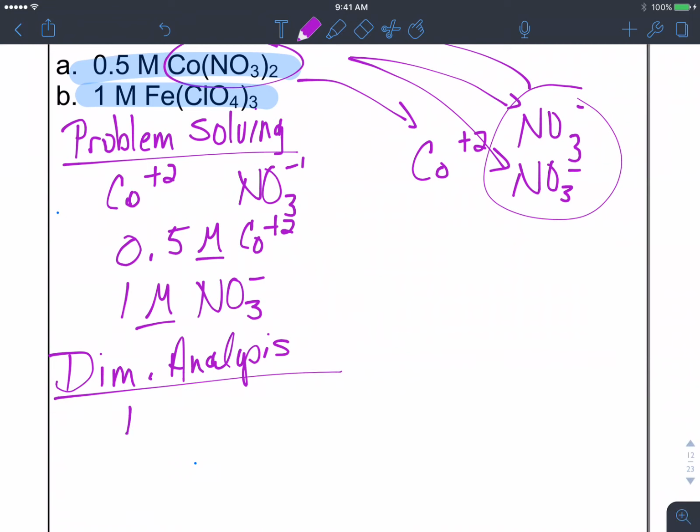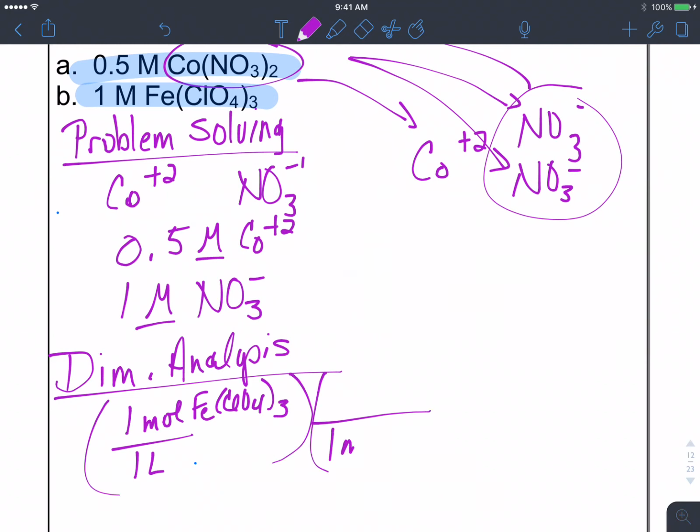So we have 1 molar, or 1 mole per liter of the Fe(ClO4)3. We know that for every mole of Fe(ClO4)3, there are 3 moles, excuse me, of ClO4- ions.